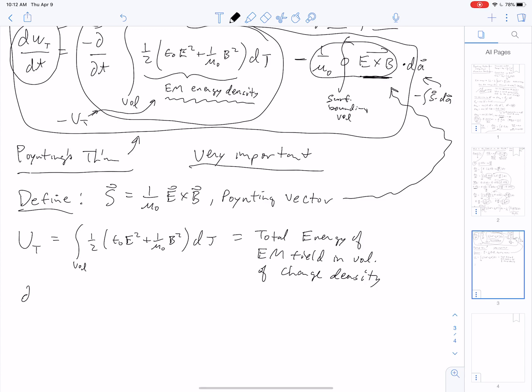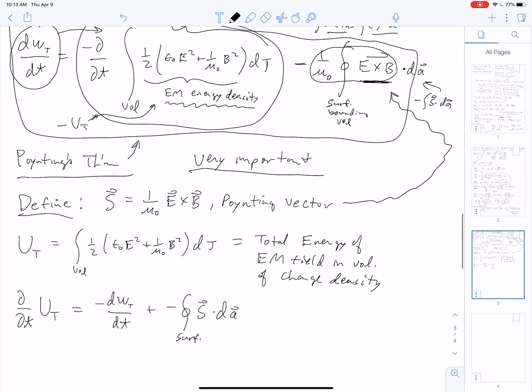I'm going to write it as the time rate of change of u total is equal to negative dW dt plus negative integral over the surface of S dot dA.